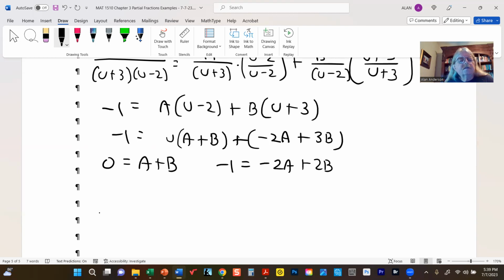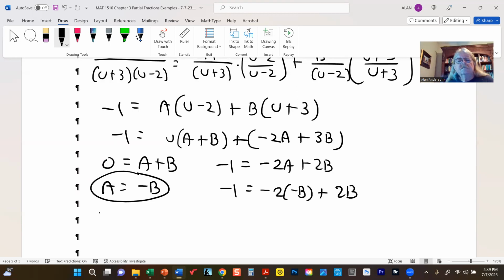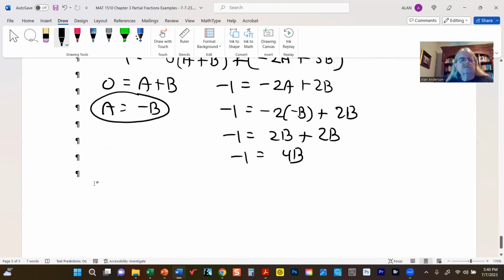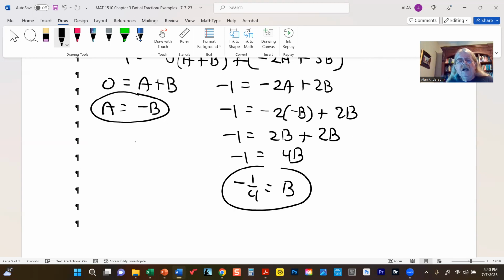So let's do this. Subtract b from both sides. So -1/4 is b, which implies that a must be +1/4.